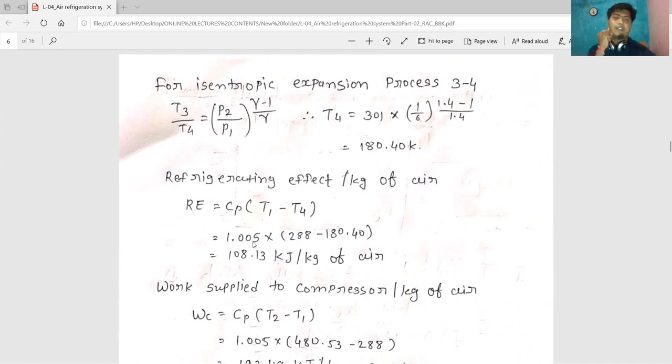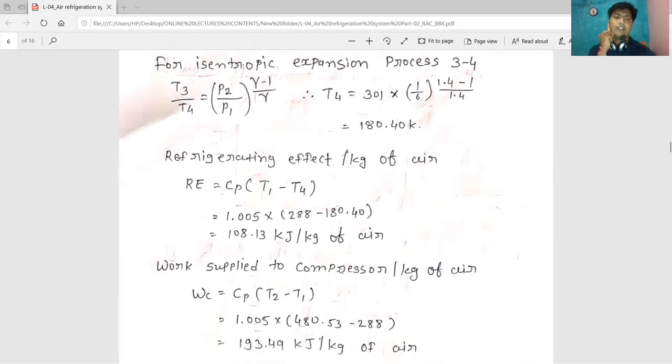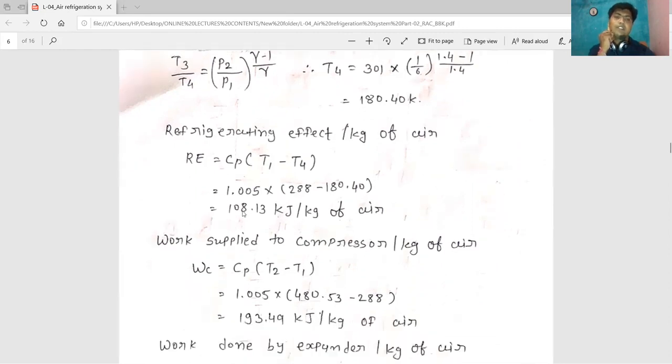Cp for air is 1.005, times 288 minus 180.40. So finally the refrigeration effect is 108.13 kilojoule per kg of air. That means this much heat is absorbed by the refrigerator per kg of air.